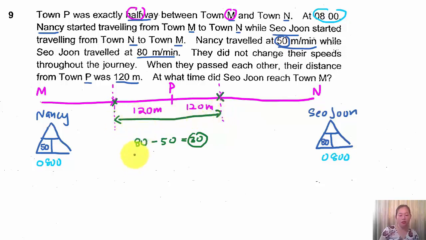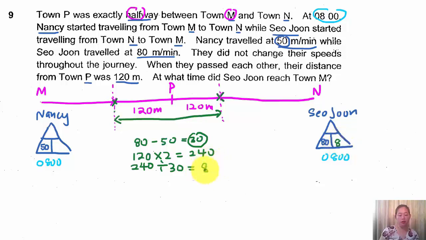So the extra distance is 120 times 2, which equals 240. So 240 divided by 30 equals 8. So in order to reach here, he took 8 minutes.